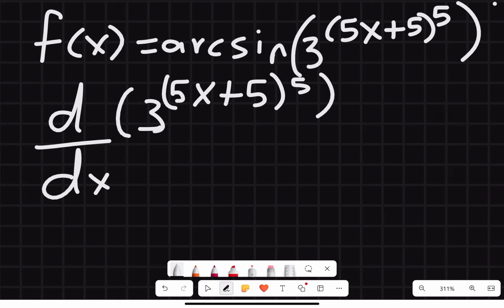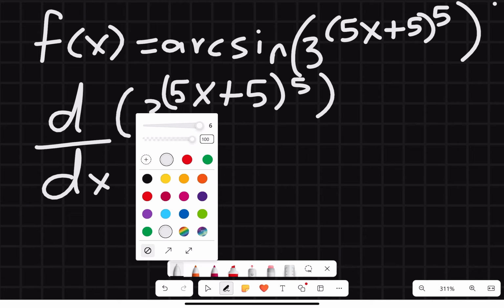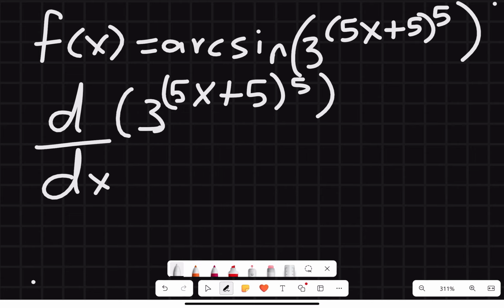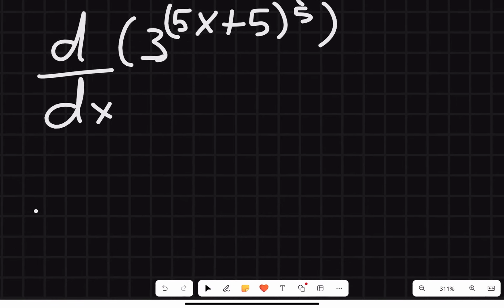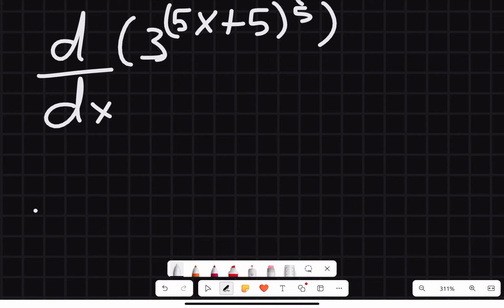And then this is the rule when we're deriving exponential functions. The rule is you do the ln of the base. So the ln of the base is going to be ln 3 because your base is 3 in this case. And then you derive the exponent. So for the derivative of the exponent, we're going to use chain rule.